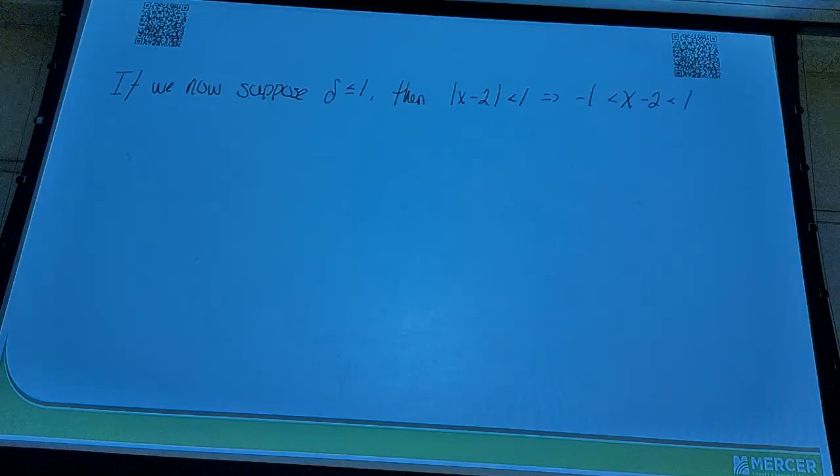X minus 2 is between minus 1 and 1, and so x would be between 1 and 3.